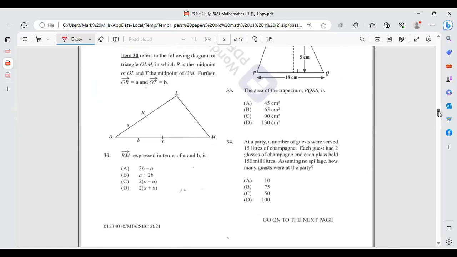So for 30 now. Item 30 refers to the following diagram, OLM. R is the midpoint of OL, T is the midpoint of OM.